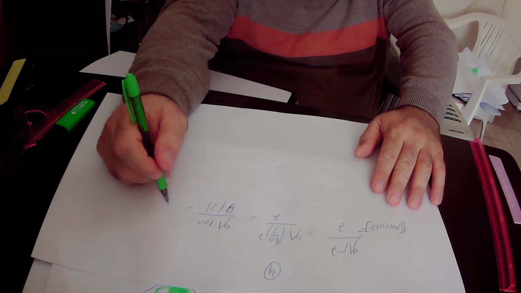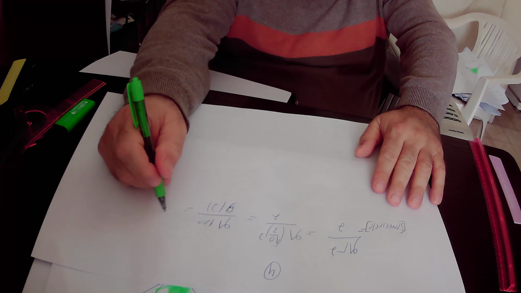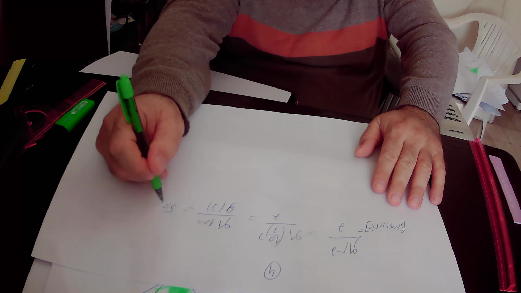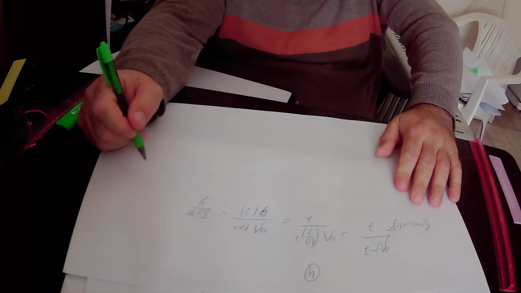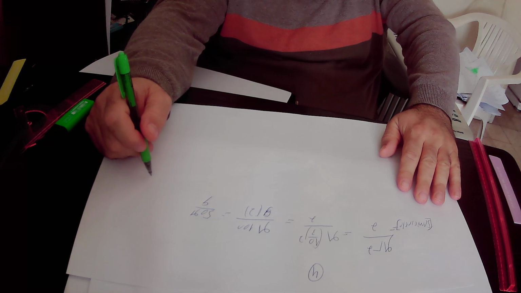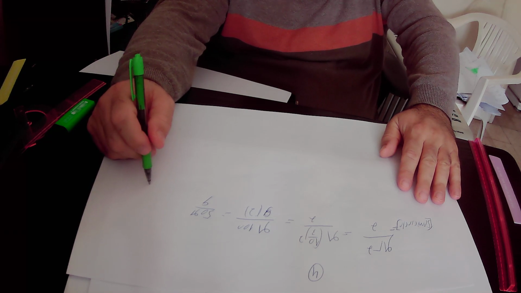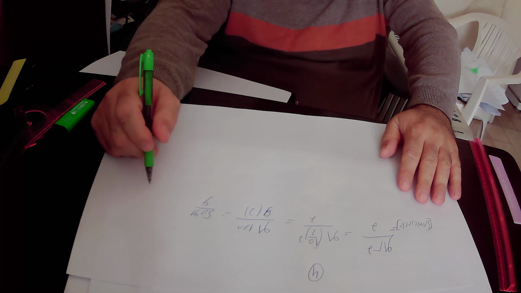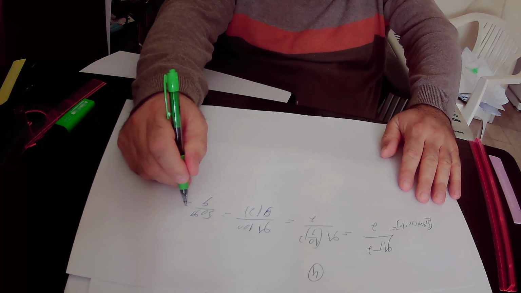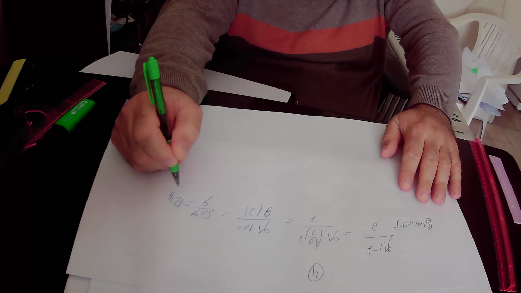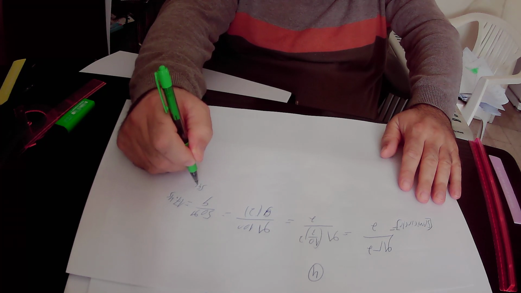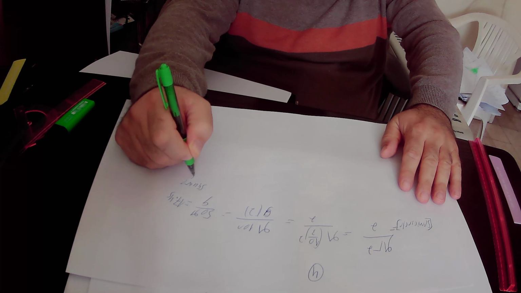So 100 over 2 is 50. So we found out that the area of the semicircle equals either 50 pi over 9 square units, or in terms of numbers, it equals 17.45 square units.